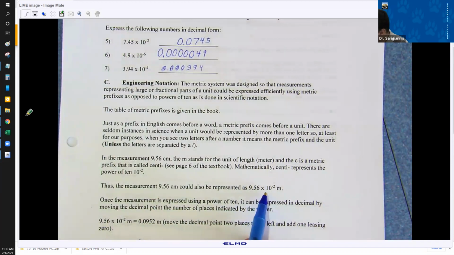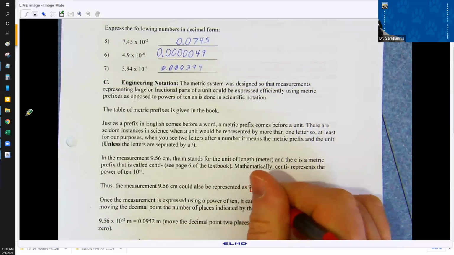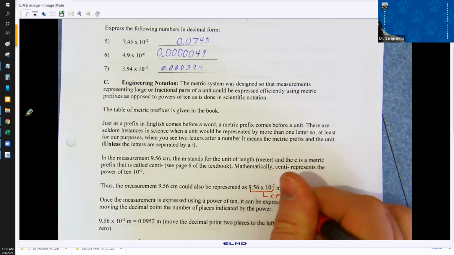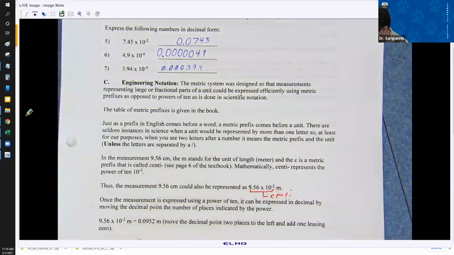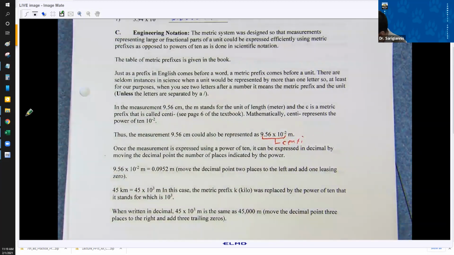So centimeters is a common one. This is the prefix. Let's see.